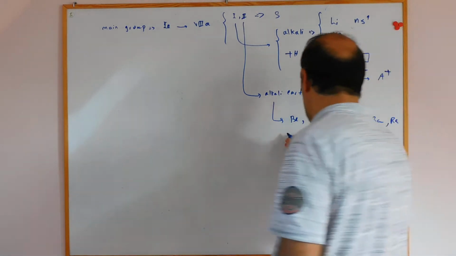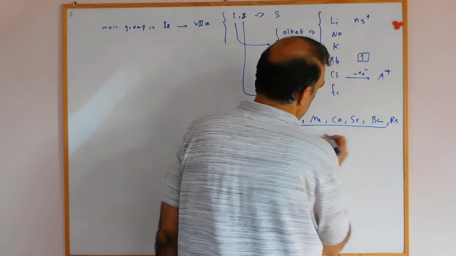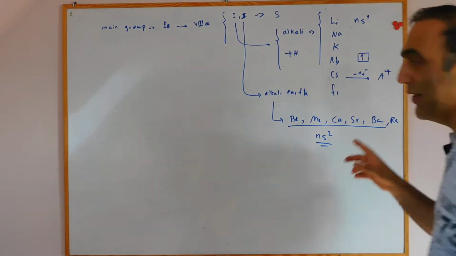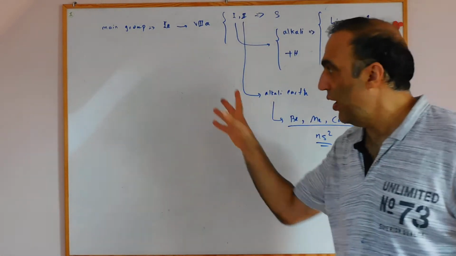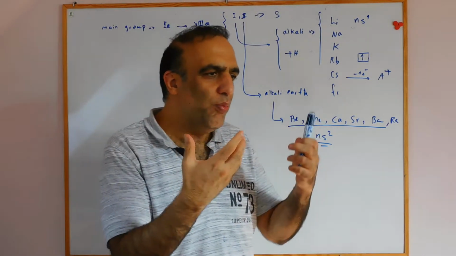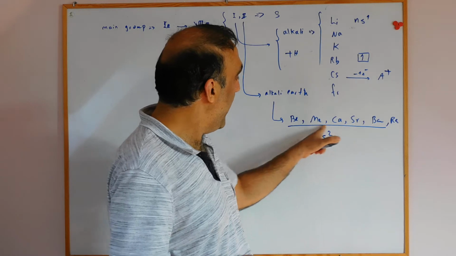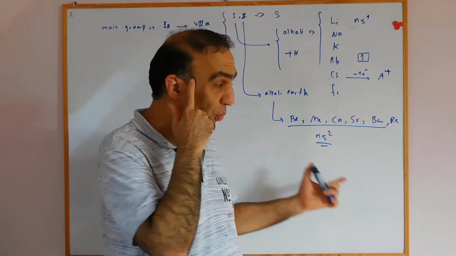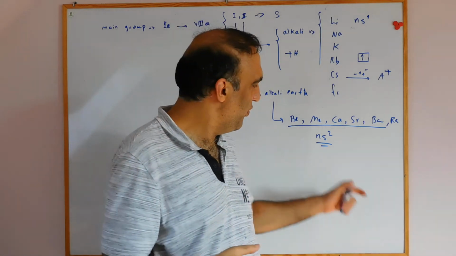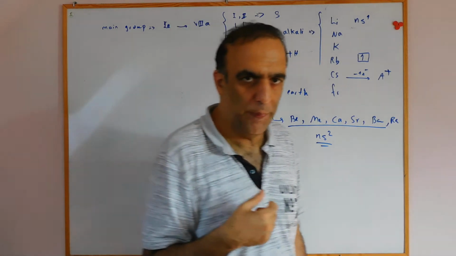All of these have ns2. Compared to the alkali metals, they are more stable. As you remember, they are more stable because they have a full s orbital, and the maximum number of electrons is 2.